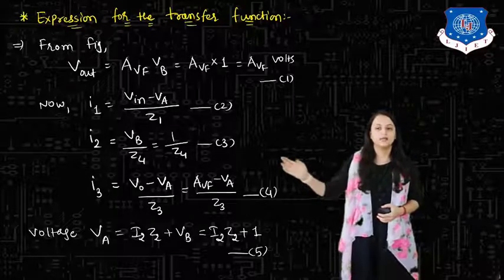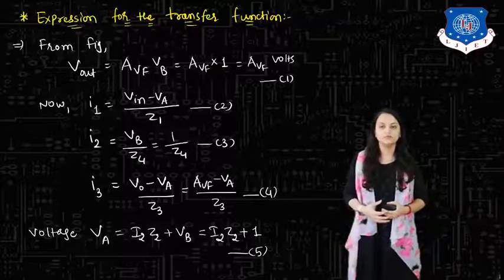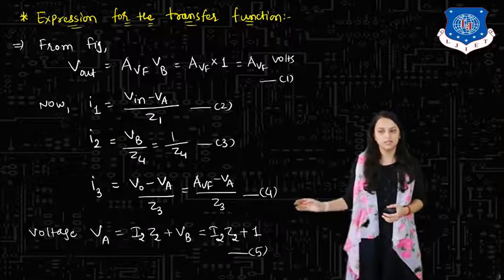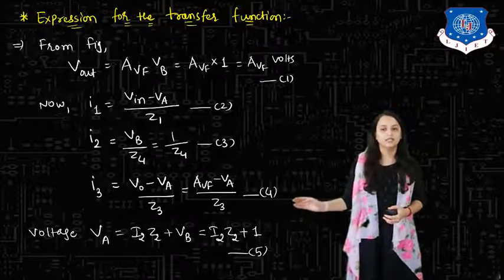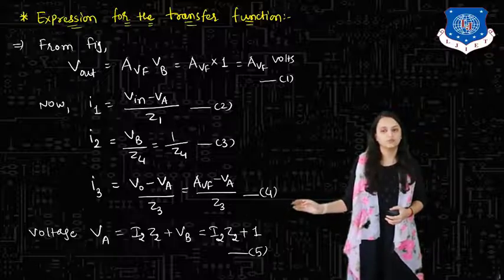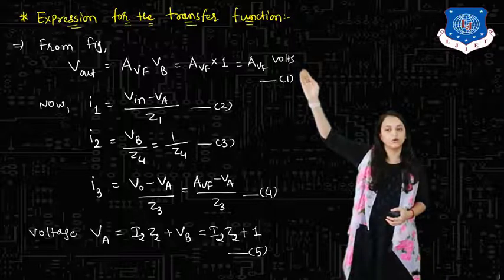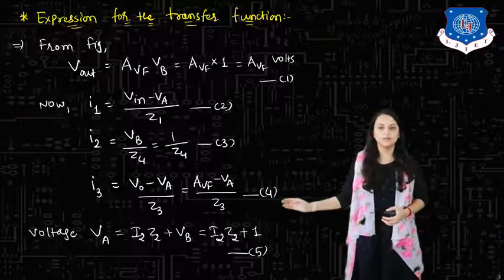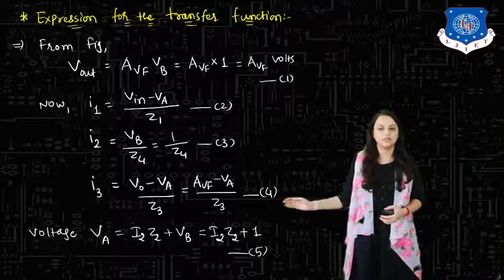VB is 1, so that is 1 by Z4, equation number 3. Then I3 equals (VO minus VA) by Z3, that is (AVF minus VA) upon Z3, equation number 4. Because we have already obtained VO, the output voltage, as AVF, we have placed that value in this equation, and obtained I3 equals (AVF minus VA) by Z3.